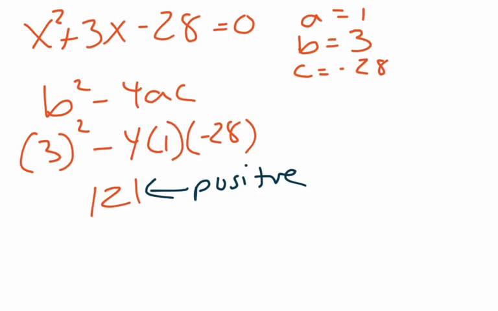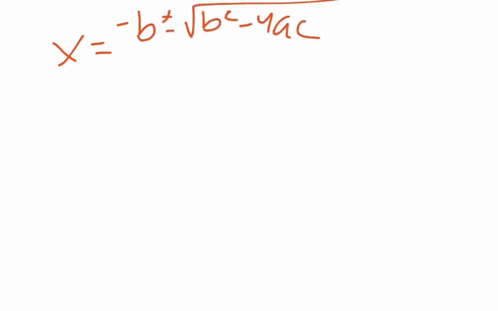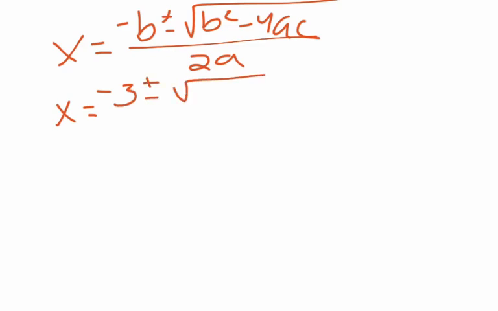I'm not going to reinvent the wheel. I know that this is equal to 121, so I'm just going to use that when I use the quadratic formula. So we've got x is equal to the opposite of b plus or minus the square root of b squared minus 4ac all over 2a. The opposite of b would be negative 3 plus or minus the square root of 121. I'm just not going to redo that because I just did it.